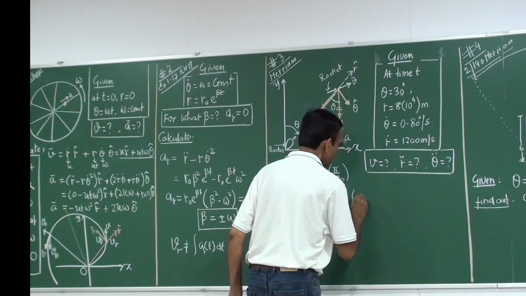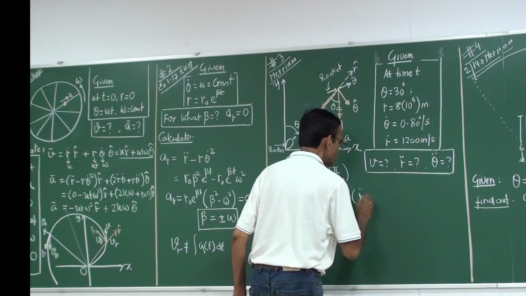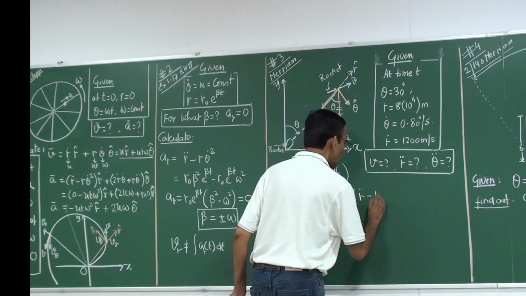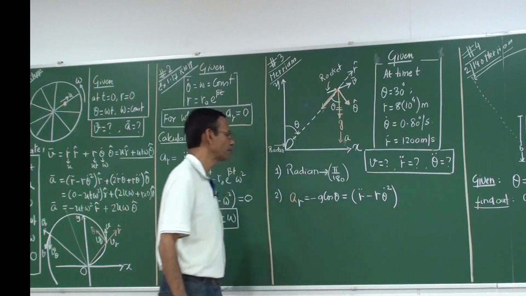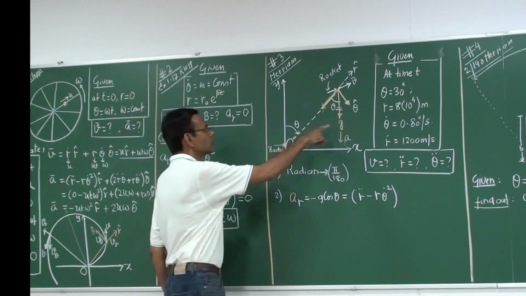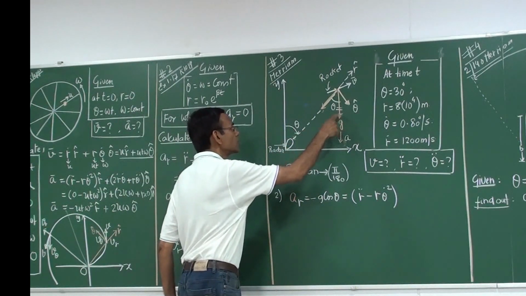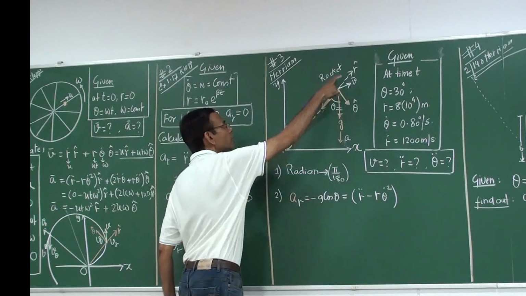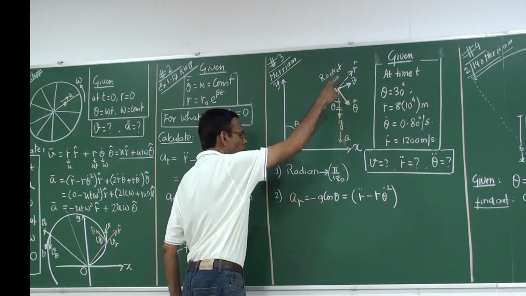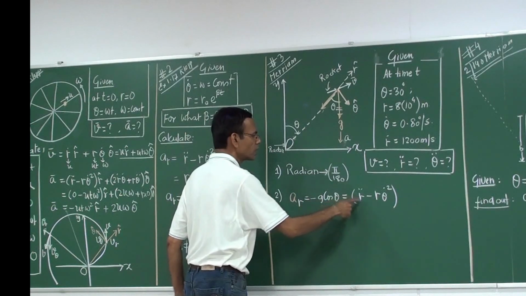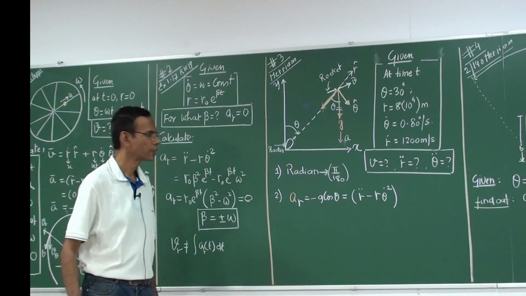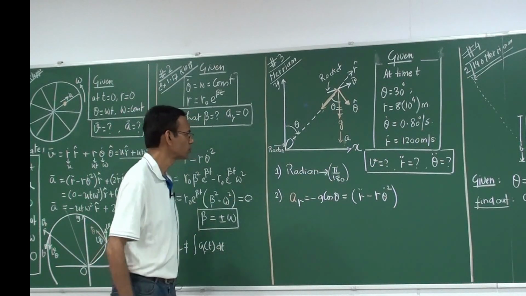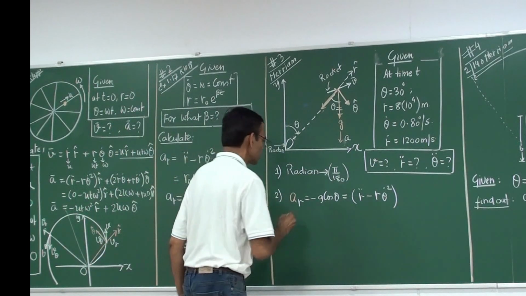Now the expression for AR is r double dot minus r theta dot square. So minus g cos theta, from the opposite direction, is r double dot minus r theta dot square. That is the radial component, which is what we know. What is the theta component?